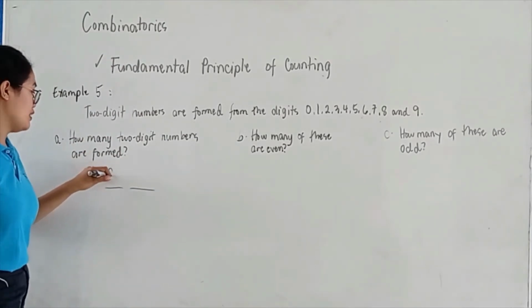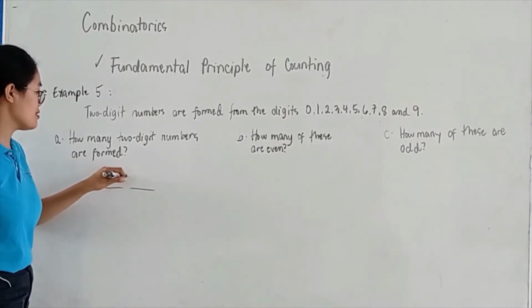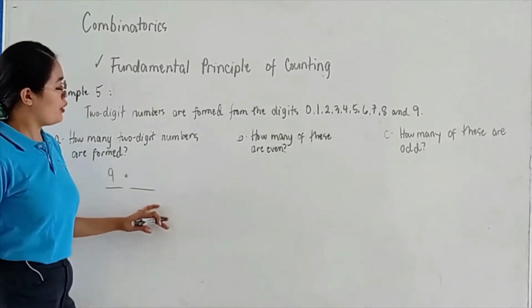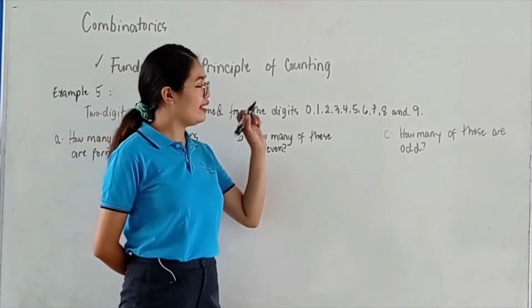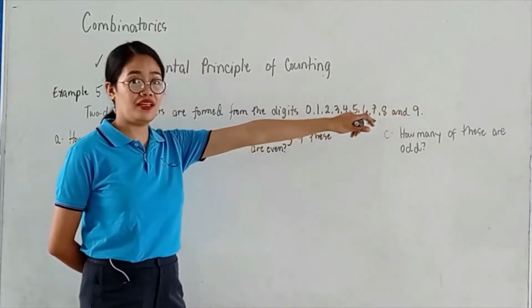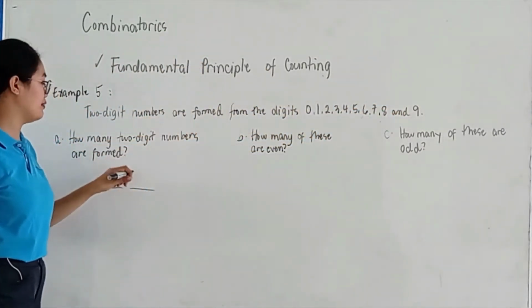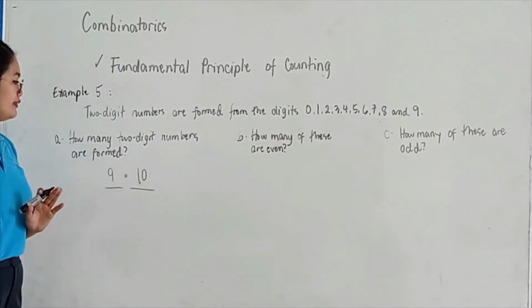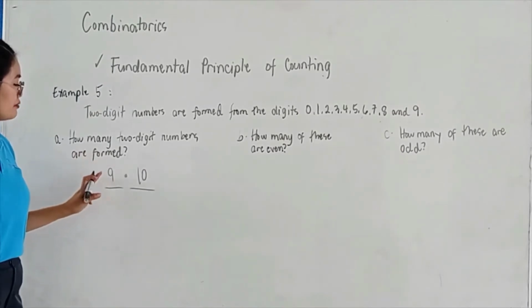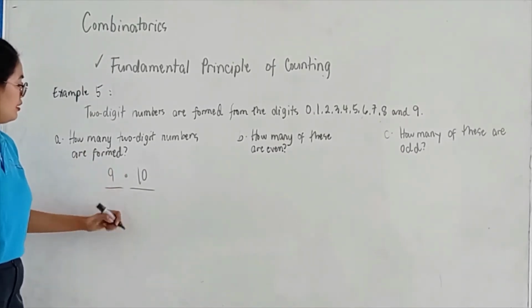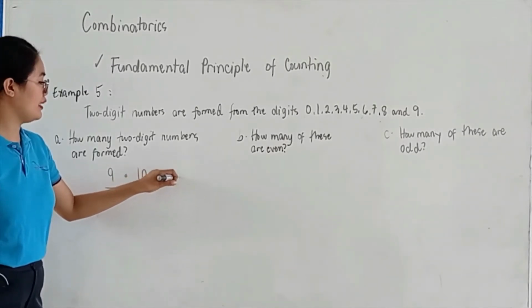Excluding 0, we only have 9 options from 1 to 9 for our first position. And that's 9 times, for the second position of our two-digit numbers can end with 0, 1, 2, 4 to 9. So meaning, for our second position, we have 10 options. Multiplying these outcomes, we have 9 times 10 equals 90.